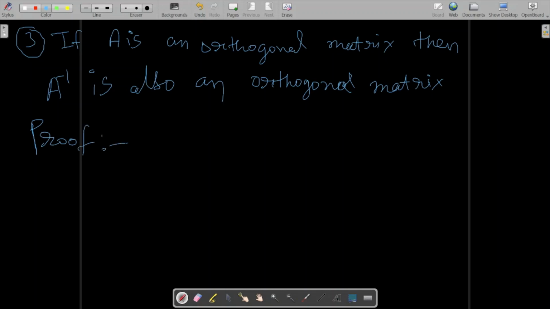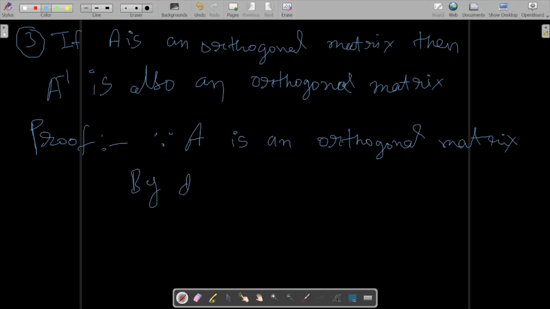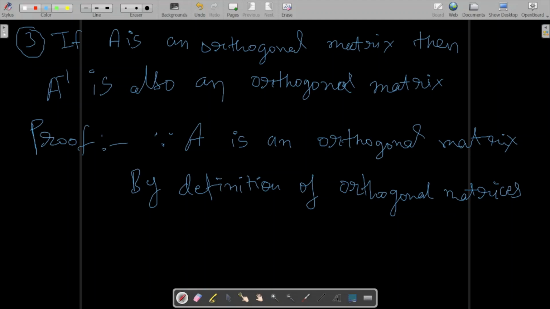As it is given to us that A is an orthogonal matrix, by the definition of orthogonal matrices, we have A transpose A is equal to I is equal to A A transpose.